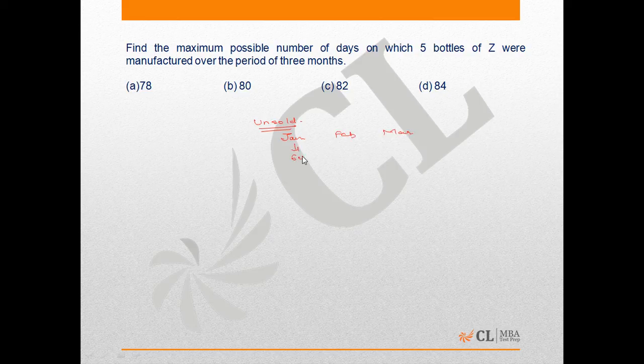These are 60, 46 and 60 respectively. For January and March, the number of bottles unsold are 60 in both cases. So the maximum possible number of days on which 5 bottles of Z were manufactured, for January, it can be 30 days, and for March, it's also 30 days. Now we have to find the value for February.